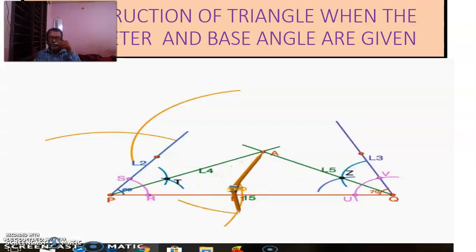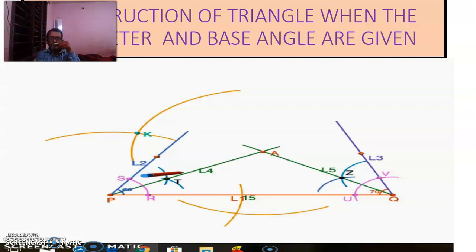You will get two intersection points, let them be K and another one is L.